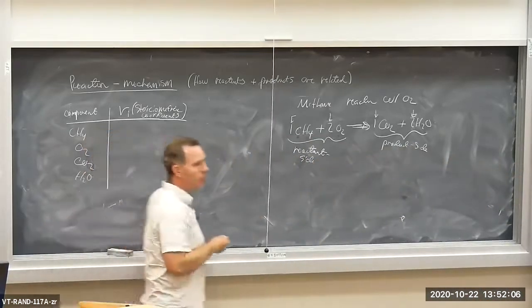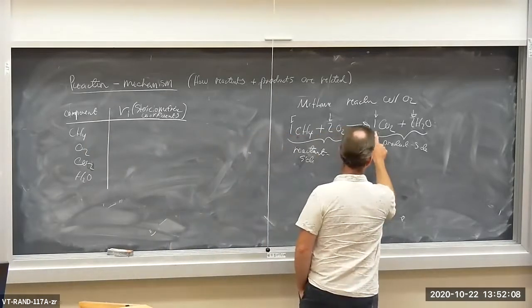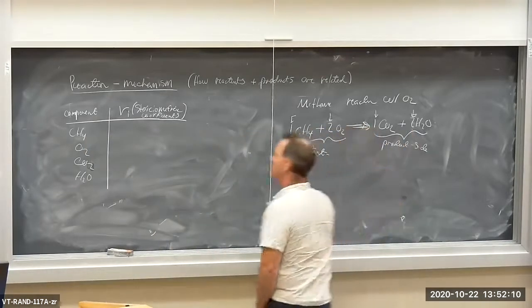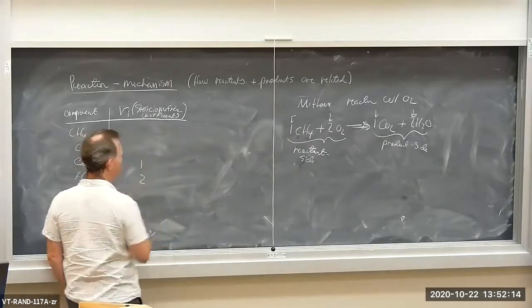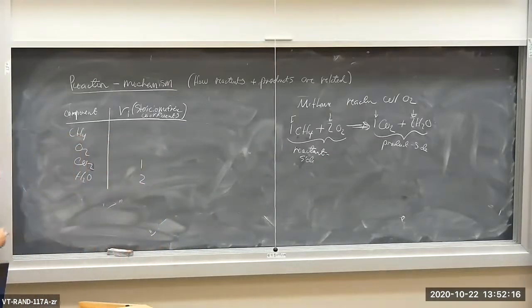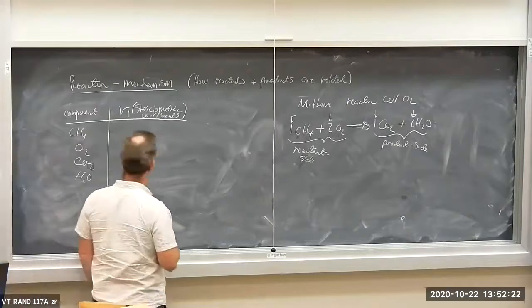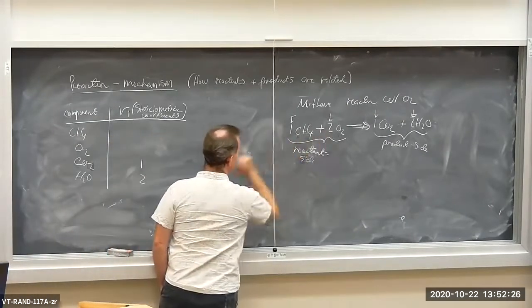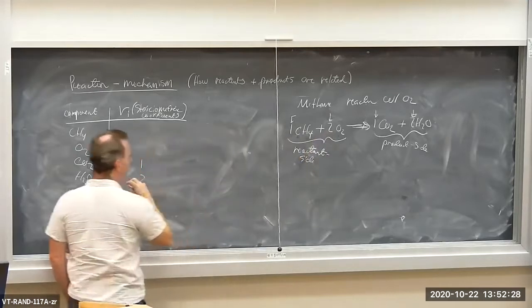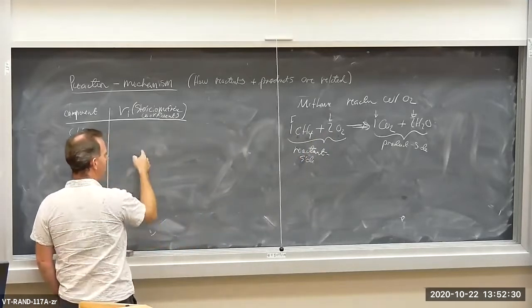Let's write the ones that are on the product side first. 1 and 2 for the CO2 and the H2O. 1 and 2. Those are my stoichiometric coefficients on the product side. Now, I'm going to write the coefficients in front of my chemical components for the reactant side here.